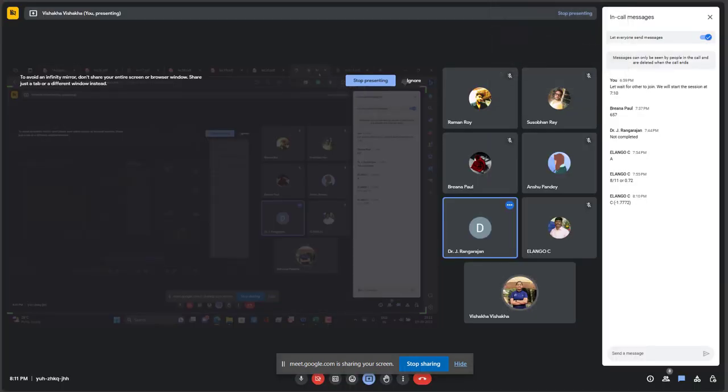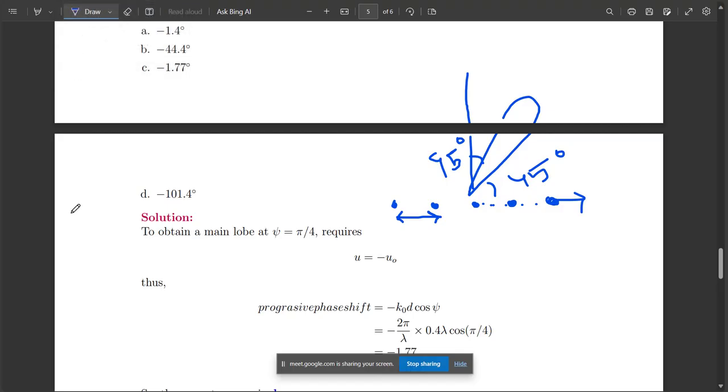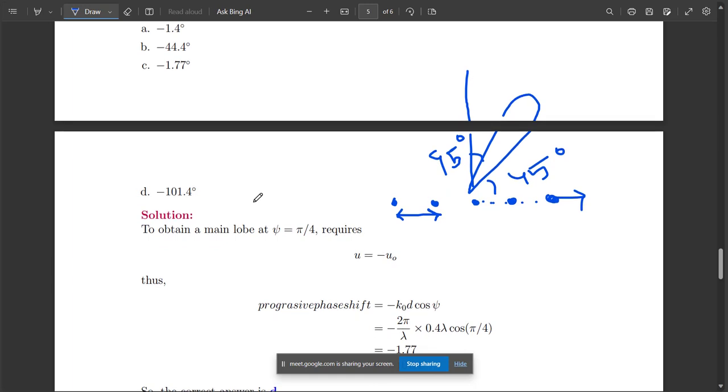Is someone trying to say something? Do we have to convert it into degrees? Yes, you have to convert radians to degrees. Or can we put pi equal to 180 degrees directly instead of converting? Yes, no need to convert.